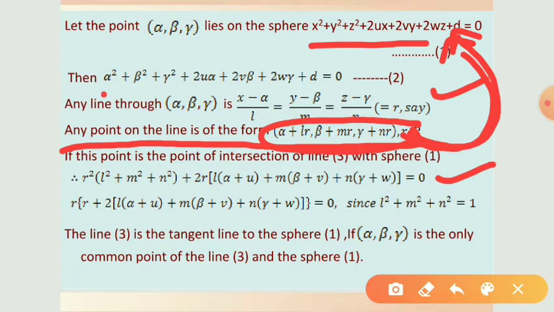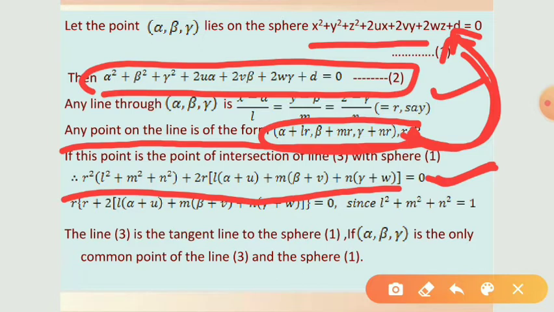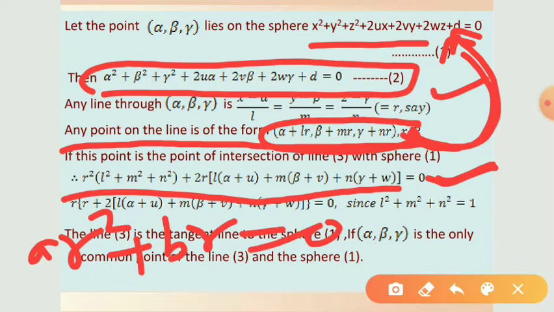By taking this as 0, we will finally get this. This is a quadratic equation in R in which there is no constant term. It is of the form AR square plus BR is equal to 0.